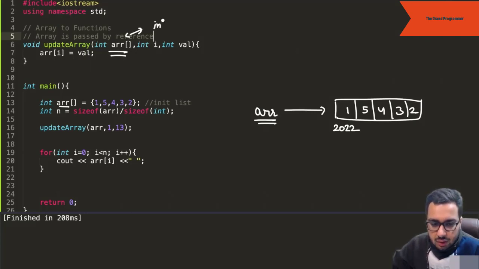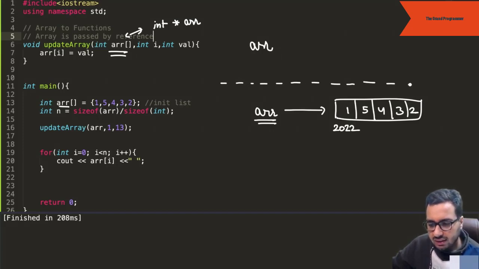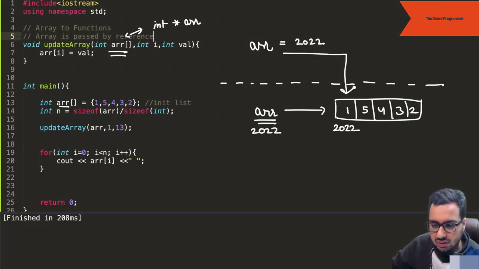You can also write it as int star array. So they are same. Writing this or writing this is same in the function call. So effectively you're creating a copy of this variable, and this address 2022 is stored here. So this address is also 2022. So effectively this is also pointing to this location.